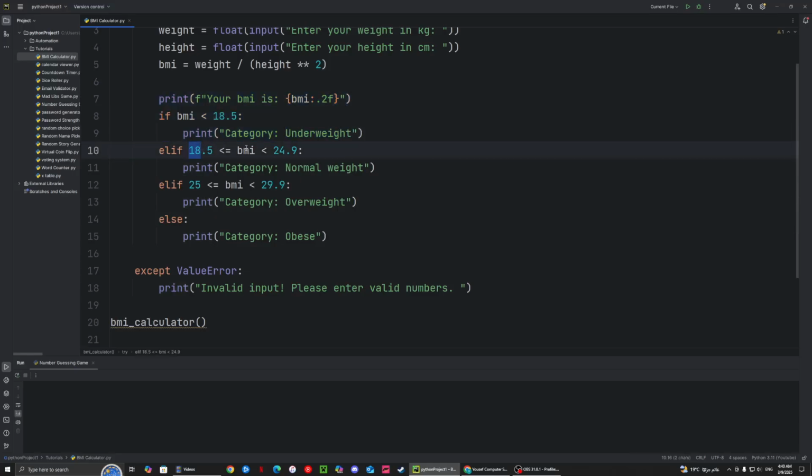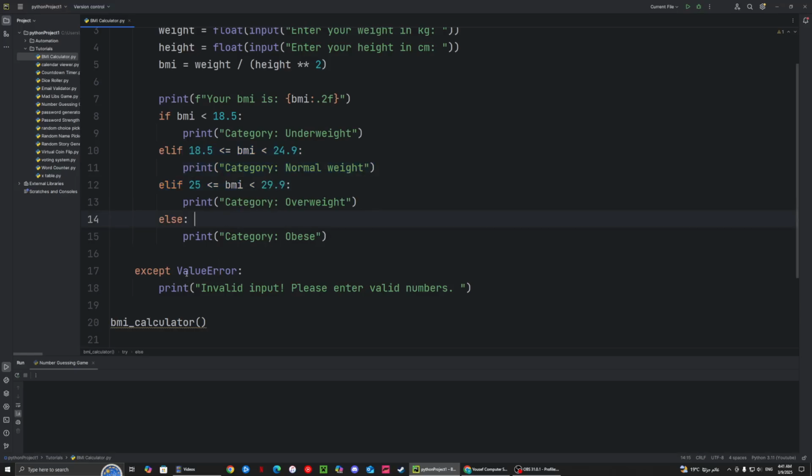If your BMI is between 18.5 and 24.9, the category is normal weight. If your BMI is anywhere between 25 and 29.9, you are overweight. And else, if it's not under 18.5 and it's not in between these numbers, then it's over 29.9, which means that you are obese.